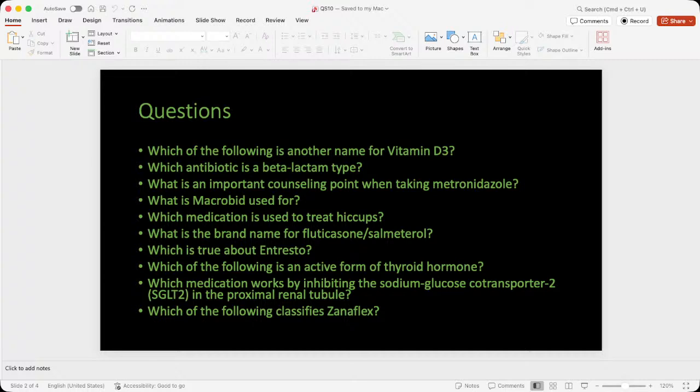Same thing for the indication in this next question: which medication is used to treat hiccups? This is going to be a little bit tricky for some of you, but you might see this as a patient case, or more like a straight question.